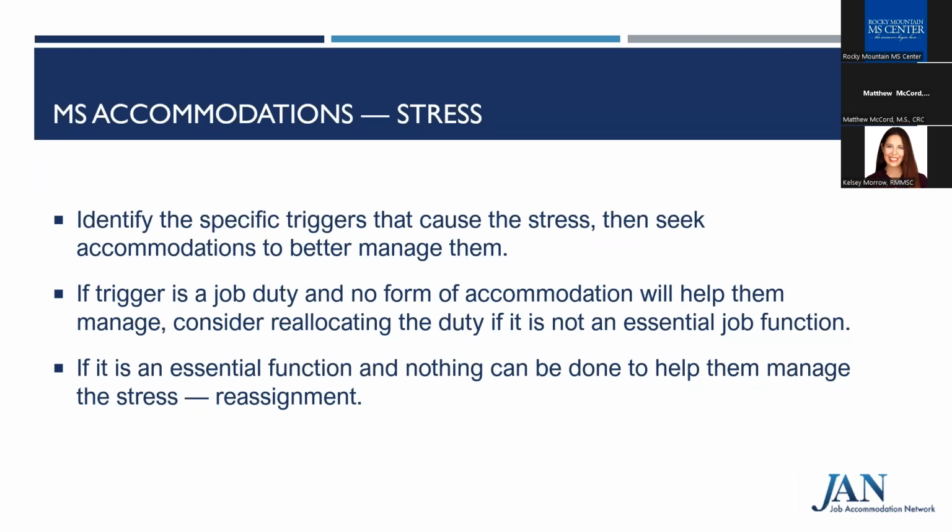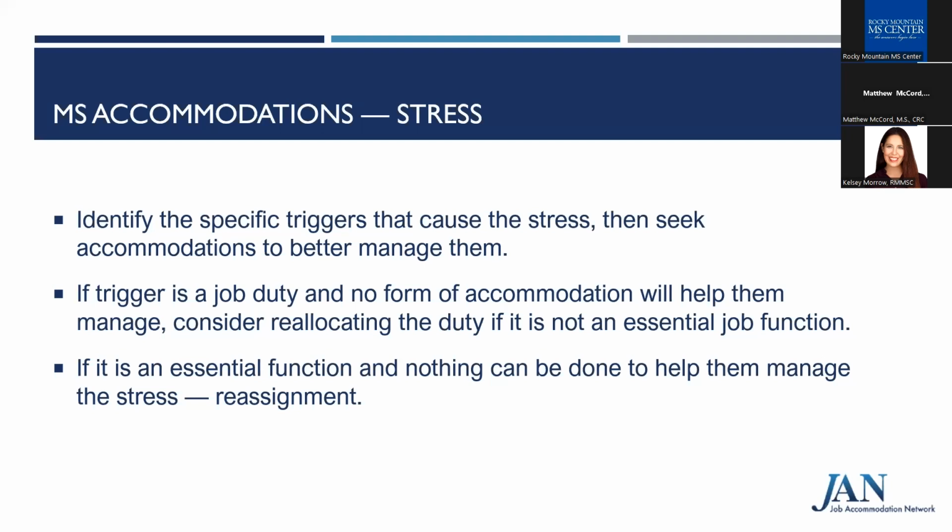Like we talked about before, sometimes just a simple shuffling around of marginal job duties can go a long way for people. But if it is an essential function and nothing can help them to manage it, that's when you would want to look at a reassignment. And for reassignment, that would generally be a vacant position that the individual is qualified to do as an accommodation.